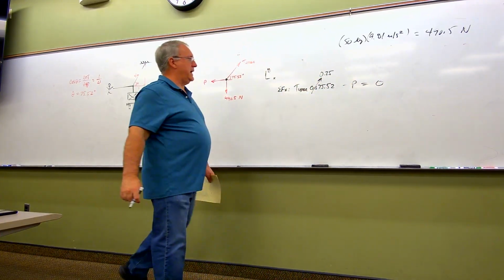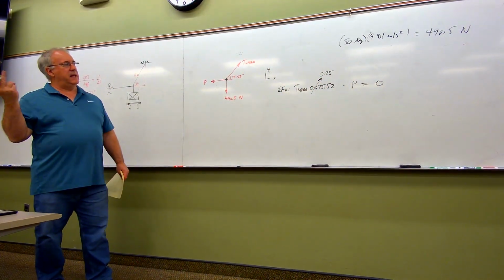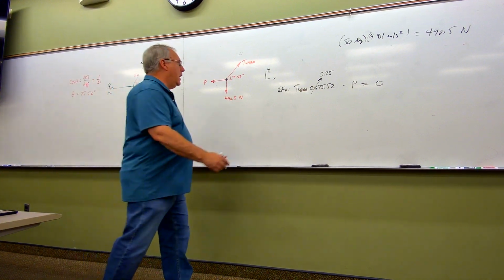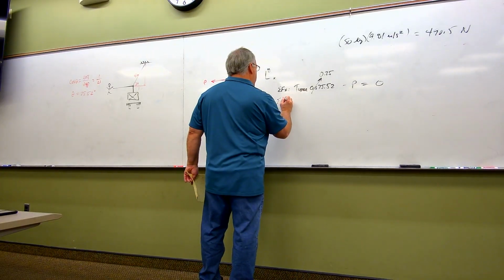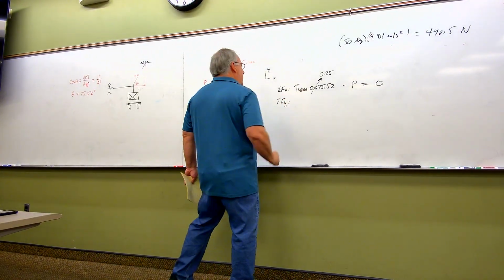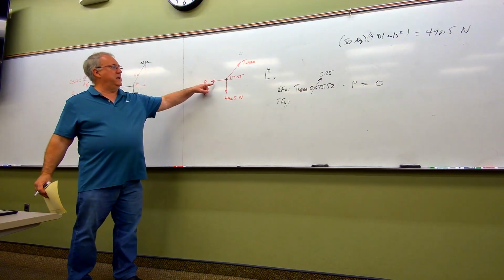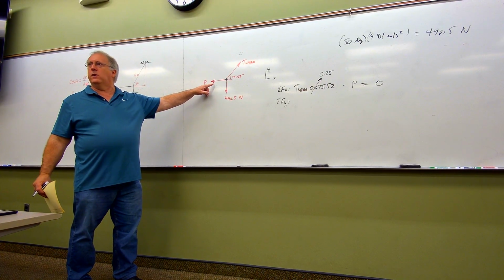If we step back and look at that, we realize that in that one equation we've got two unknowns, so we can't solve it, so no problem. Let's go ahead and sum forces now in the Y direction. Here's the great news on this equation: since P is a purely X directional force, it's not going to show up.